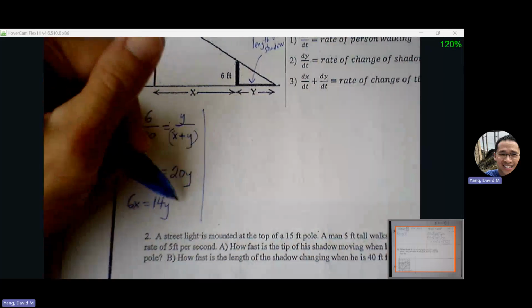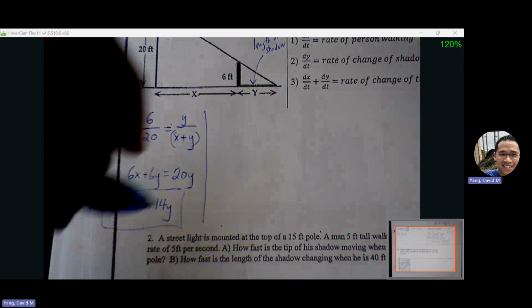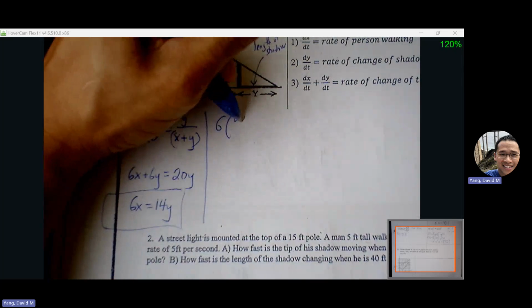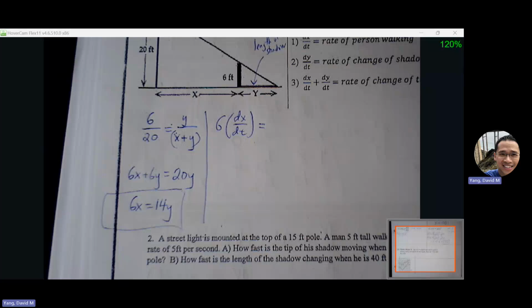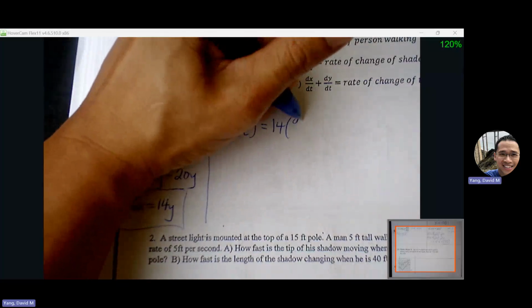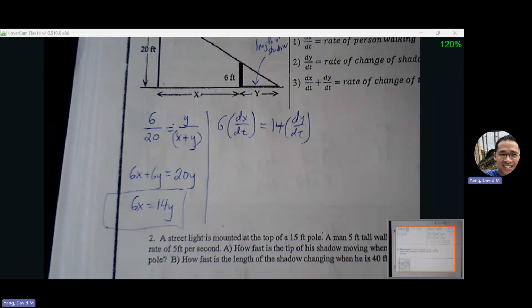And next, I'm going to find the derivative. So I have an easy equation to find the derivative. Remember, time is our independent variable here. So what's 6x's derivative? Good, 6 dx/dt. And then the 14y becomes what? Yeah, 14 dy/dt. We also do 3x equals 7y, 3 dx/dt equals 7 dy/dt.